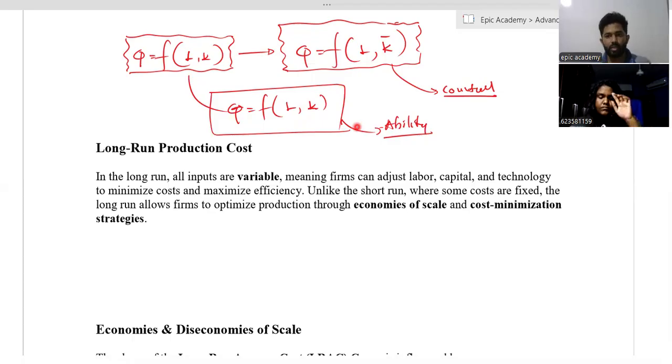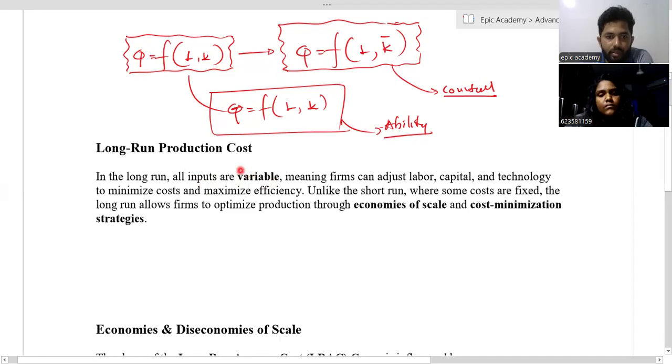So it is very easy to identify the difference between long run and short run. Here, we discuss the long run production cost. In the long run, all inputs are variable. You can change each and every variable.